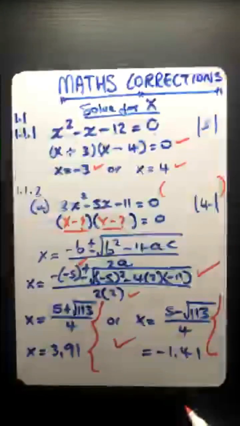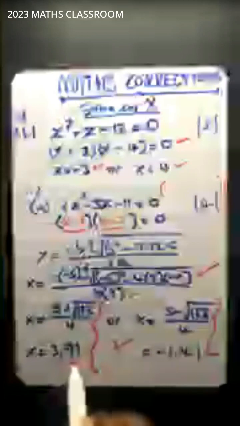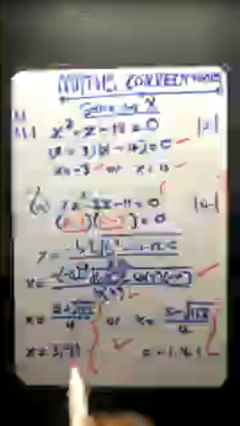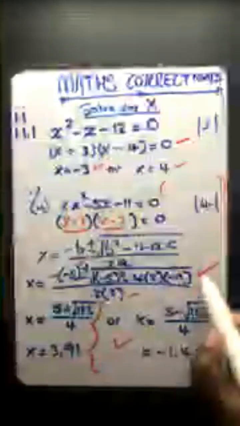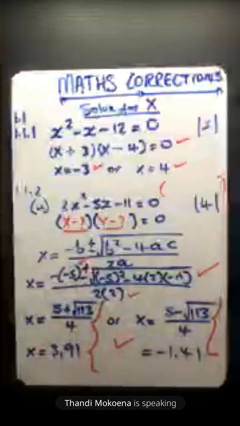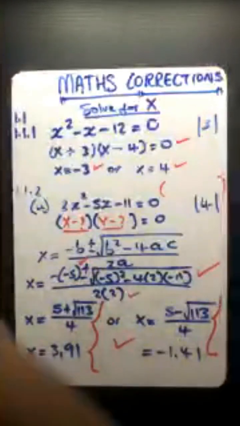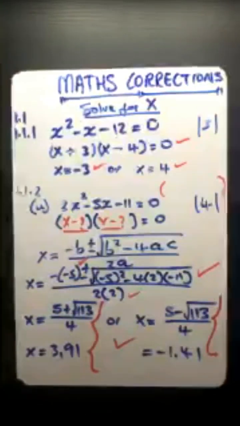But in some instances, you might find that this is allocated a mark, and also this is allocated a mark, whereby it is one mark for the substitution, and then one mark for the answers. So just make sure that you mark in that way.